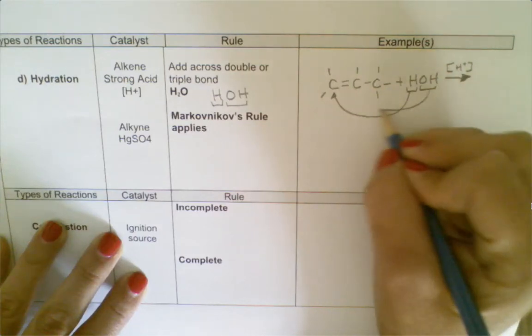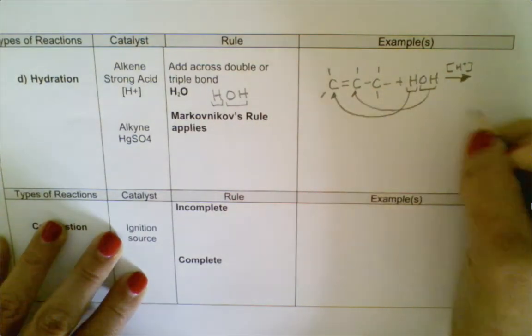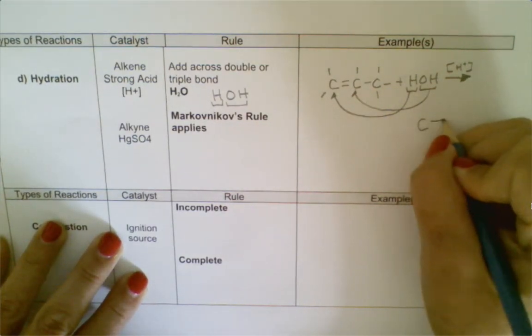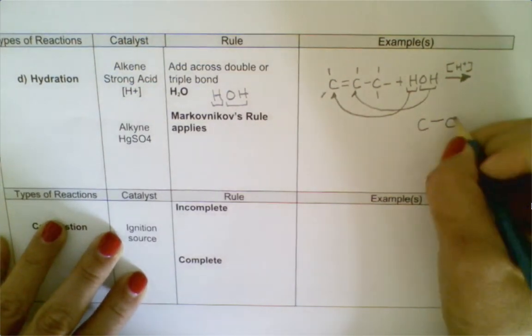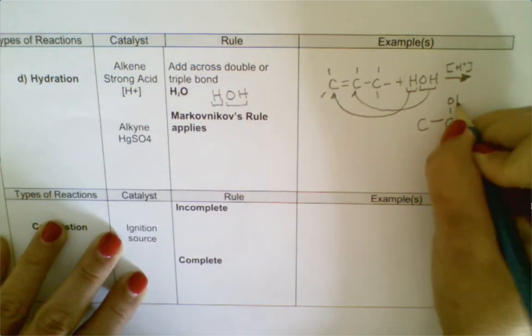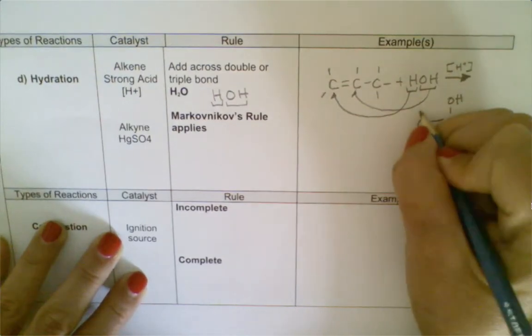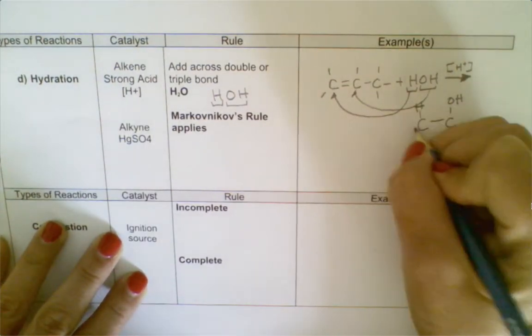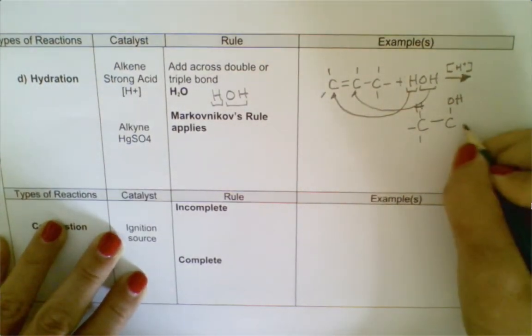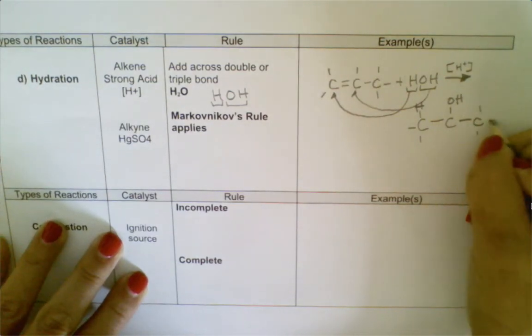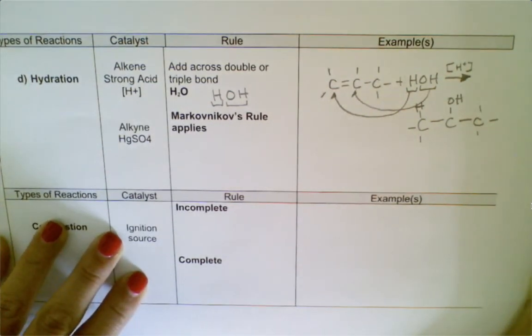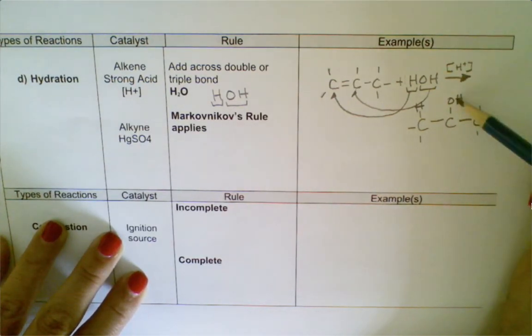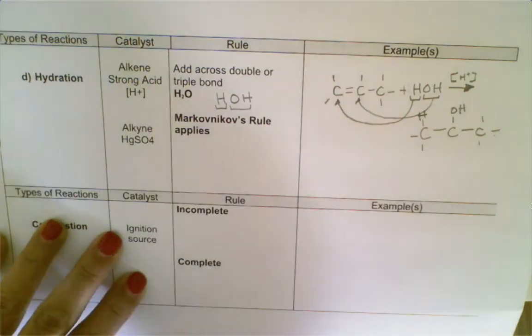The OH will then go to this carbon here. So what we end up making as our major product is, the OH goes to this carbon, the hydrogen that gets added goes to the first carbon, and we make some sort of alcohol group. We can name this as 2-propanol or 2-hydroxypropane. There's a couple of different ways that you can name that.